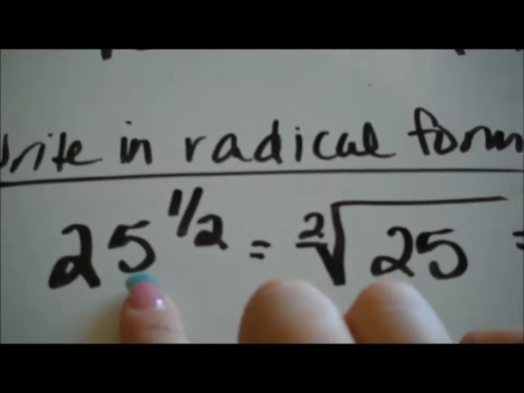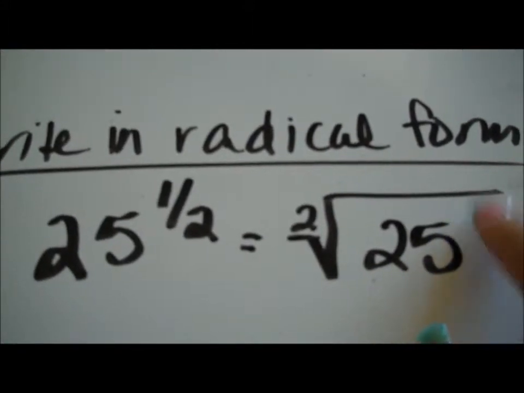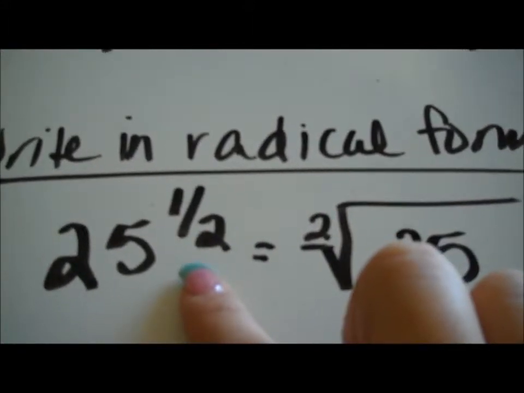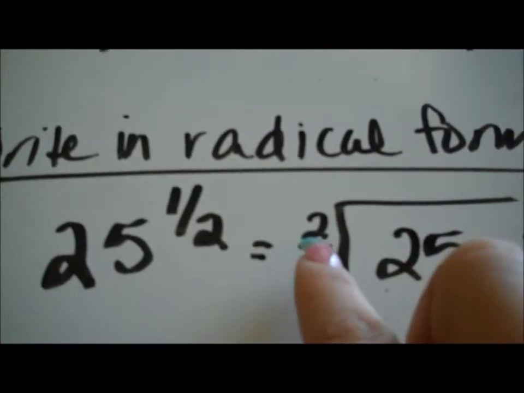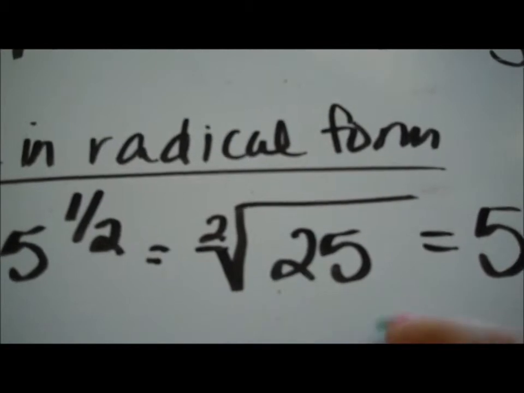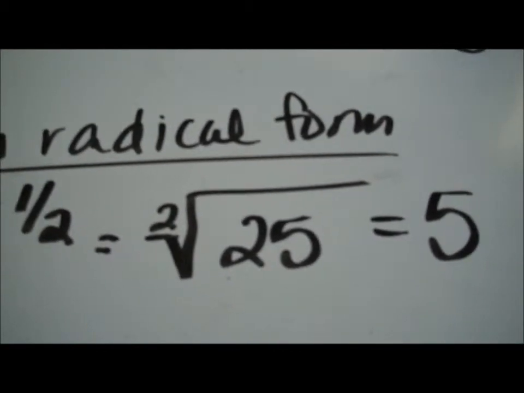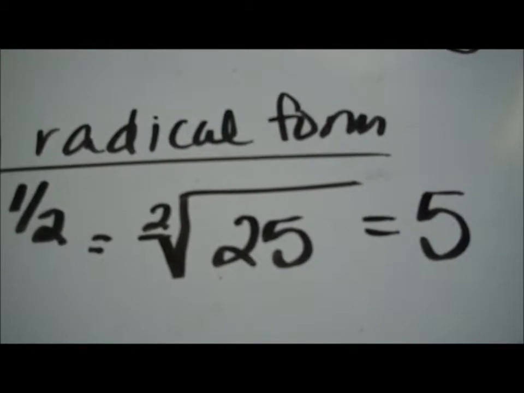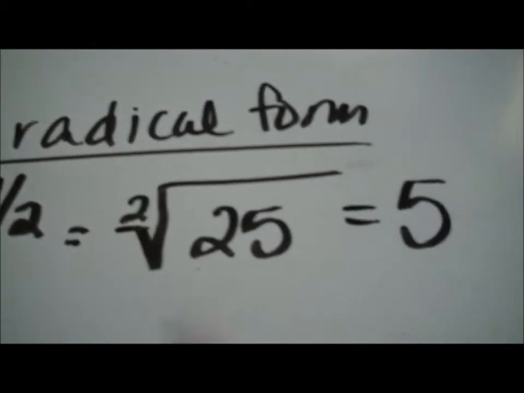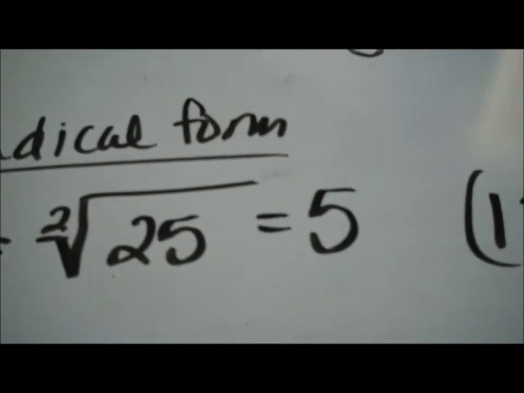So exponential form, radical form. Again, the 25 is being raised to the first power. The denominator here was telling us that we had a root of 2. And this is telling us the square root of 25, and that would be 5. Okay, so if you can actually do the operation, make sure that you do it. So this is saying the square root of 25. We know what that is, so we can take that as being 5.